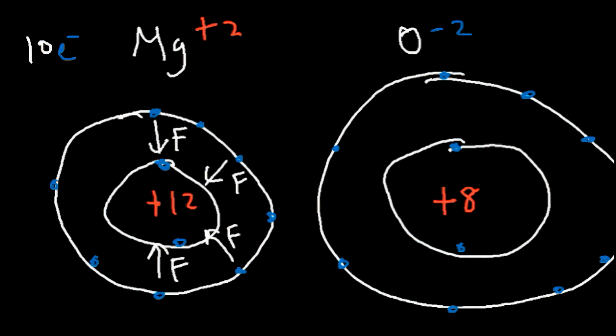Now, in the case of oxygen, the force of attraction between the outer electrons and the nucleus is relatively weaker because the charge of the nucleus is less. Plus, since the net charge is negative, there's a lot more electron repulsion, and so the atom expands when you have extra electron repulsion.